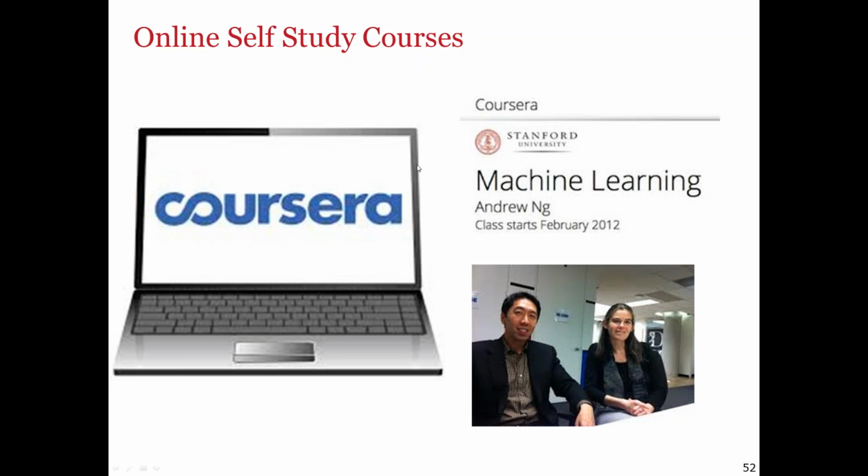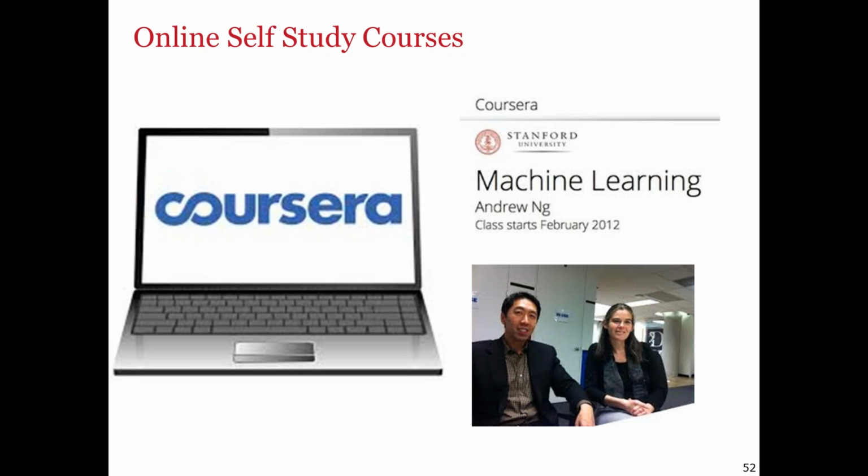One that I, in fact, participated in is through Coursera, and Coursera is available online. Just Google it and bring it up. It started in 2012. It's through two professors at Stanford, Andrew Ng, pictured here, and Daphne Koller. Daphne was a very big innovator in machine learning and authored a very well-known book called Probabilistic Graphical Models.